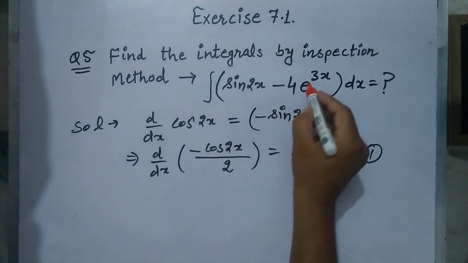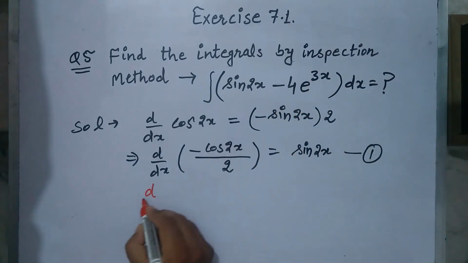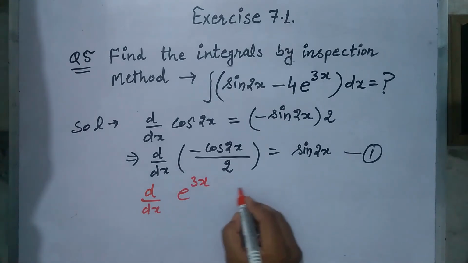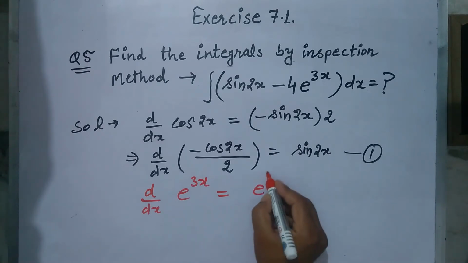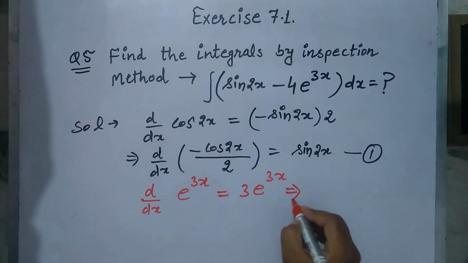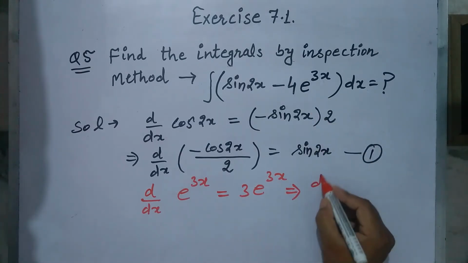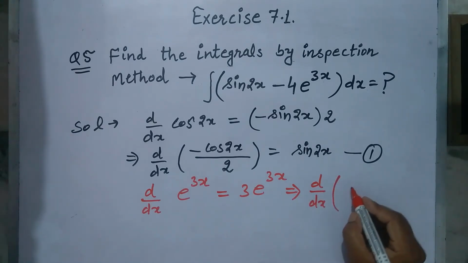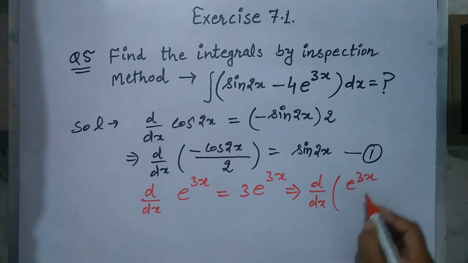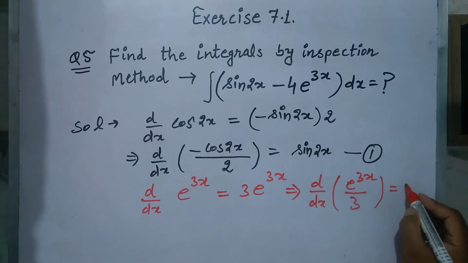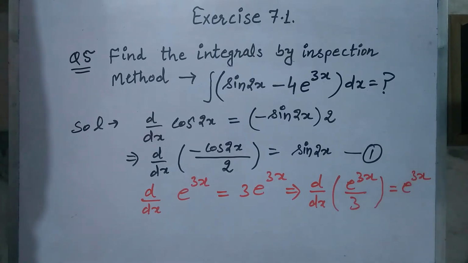Similarly, for this case, derivative of e raised to power 3x is equal to e raised to power 3x into 3. That means derivative of e raised to power 3x upon 3 is equal to e raised to power 3x.